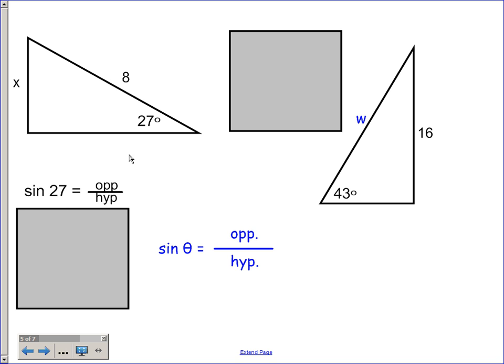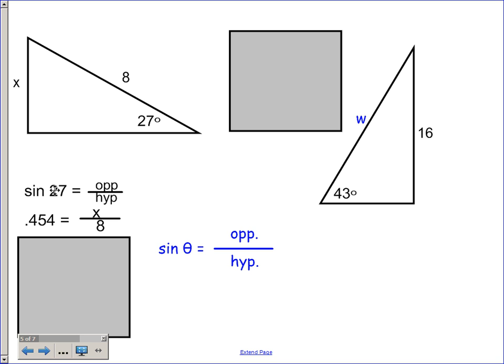So I say sine of 27 equals opposite over hypotenuse. From my calculator I find that sine of 27 is 0.454, and I replace opposite with x, hypotenuse with 8. And then to solve this, multiply both sides by 8, and you get that x is 3.632.